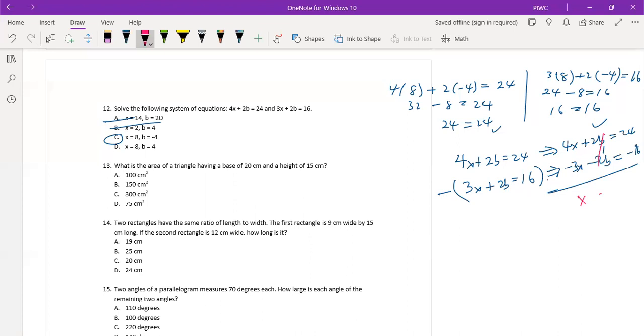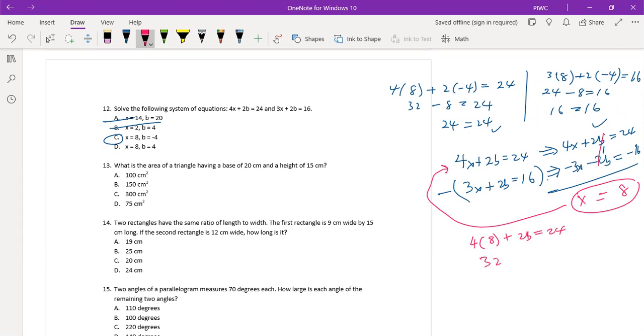And then you end up with x being equal to 8. You know, x is 8. Once you have 8, then you go back to any of the equations and substitute 8 into the equation. So if you substitute 8 into this equation, then you can solve for b. 4 times 8 plus 2b is equal to 24.